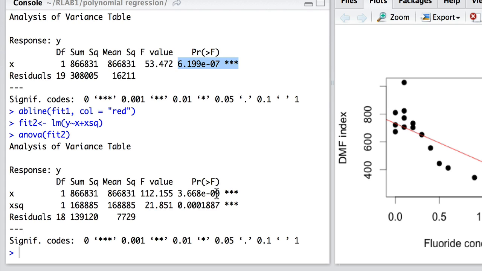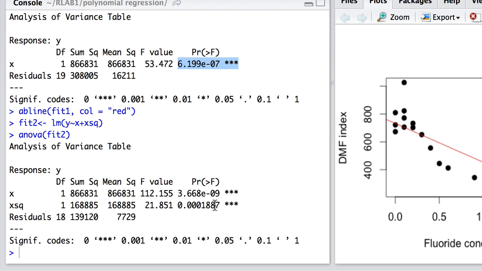This is the beauty and value of a type 1 sum of squares, a sequential sum of squares, in that as we are building our model of increasing complexity, we are asking in each case whether that additional complexity is justified in terms of explaining additional variability in the model over and above the simpler model. So let's now fit this model to the graph and see how that actually looks.